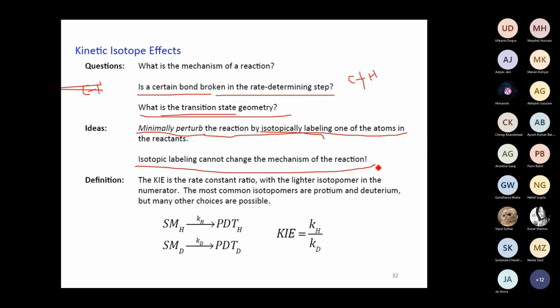It may only change the rate of the reaction. It may or may not. If it may not, then forget about that. This experiment is not useful. But if it may, then it will give a hint or help you to understand the nature of the transition state.